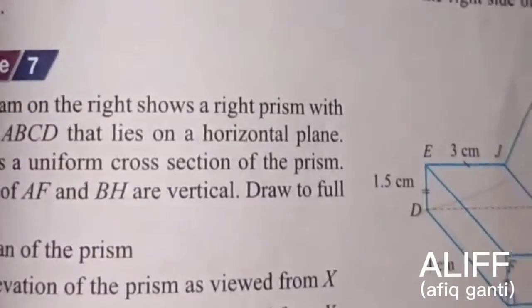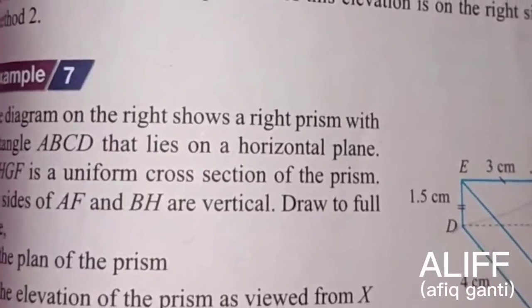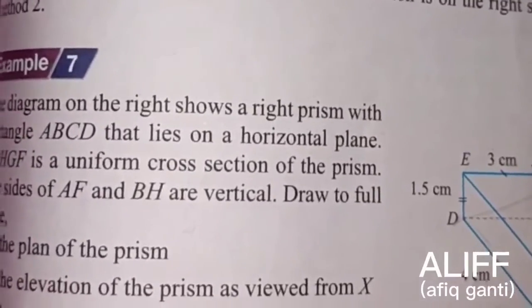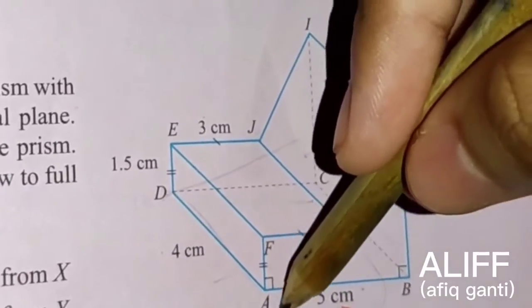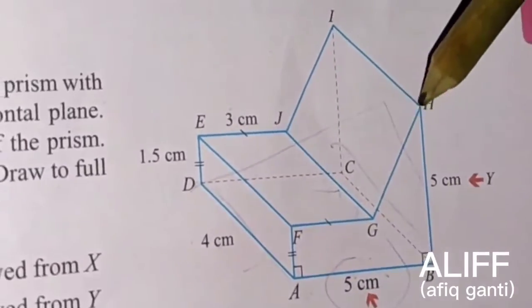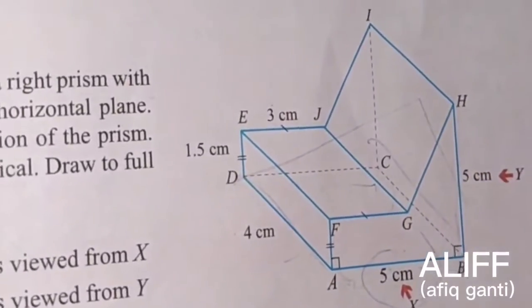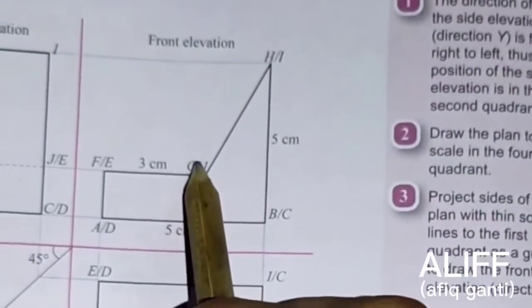So how do you want to draw the front elevation as viewed from X? Okay, as you can see, look at this. This is where it looks at, because it is from its front. Okay, better. Now, look, this is what I'm talking about.